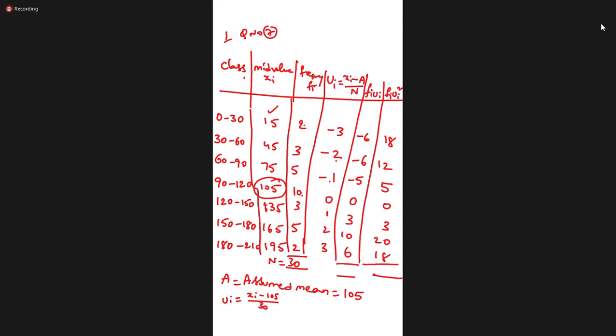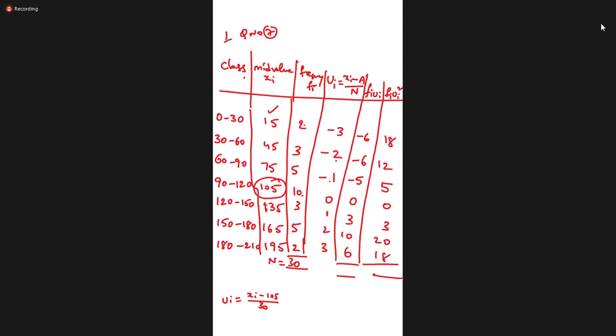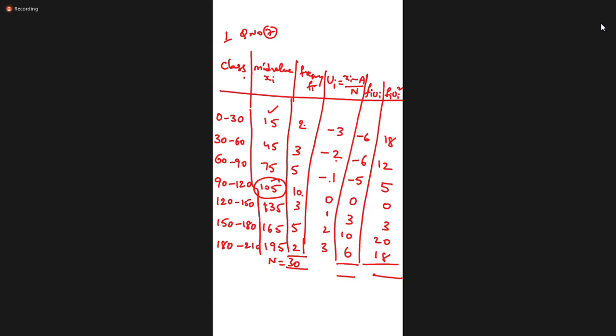What do you get? Check. I will write the formula. Whenever classes are given and mean and variance are asked, we have to follow this method. Sir, for fi ui, is it 2?